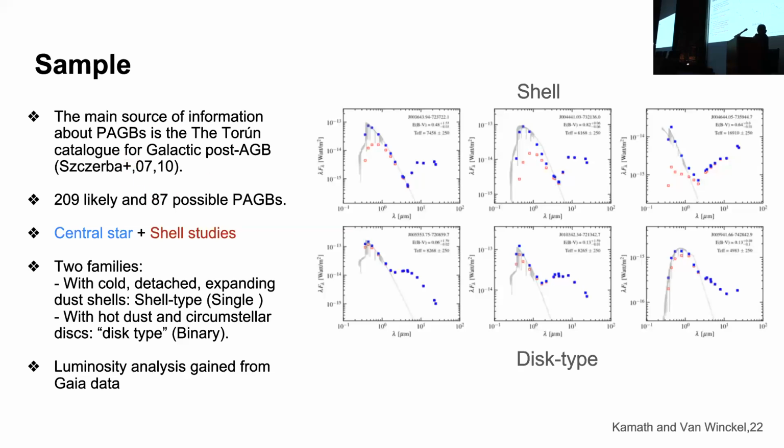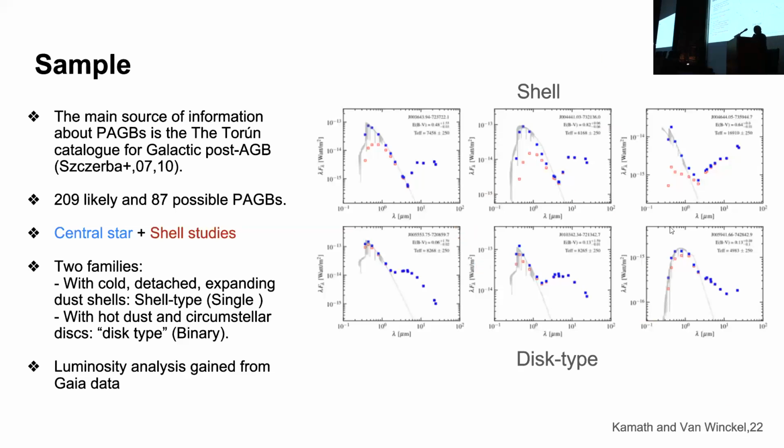The interesting fact, like I showed you at the beginning, is that in post-AGBs you are able to have data on the central star and the shell. Here you have, for example, two diagrams by Kamath and Van Winckel in 2022, where they show you 6 different post-AGB stars. On the top row, you have what they call shell post-AGB stars, and on the bottom row, you have what they call disk post-AGB stars.